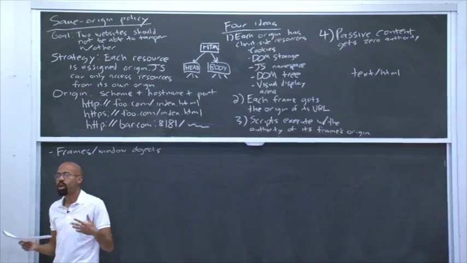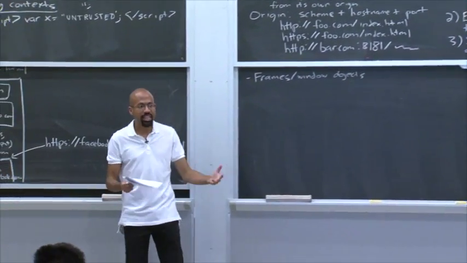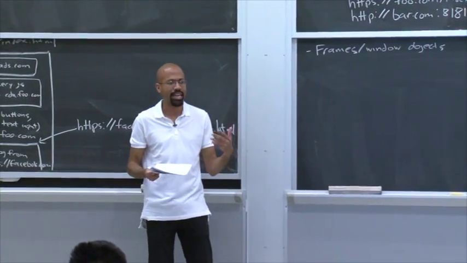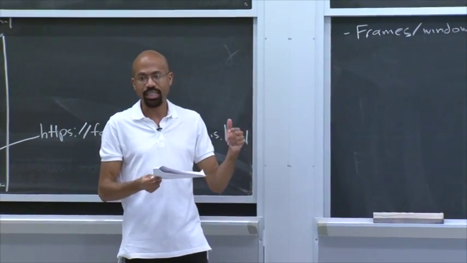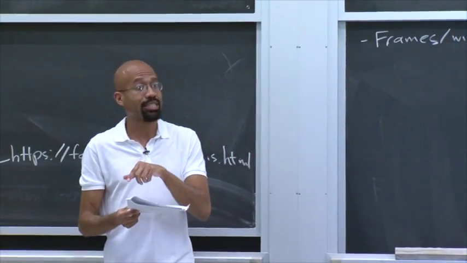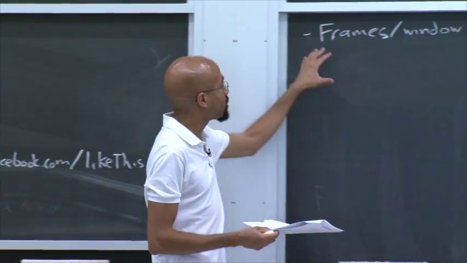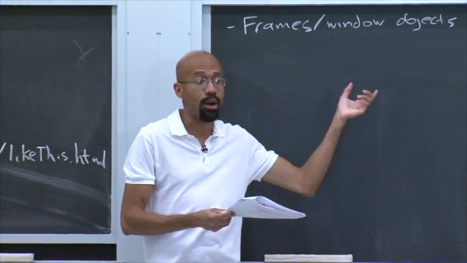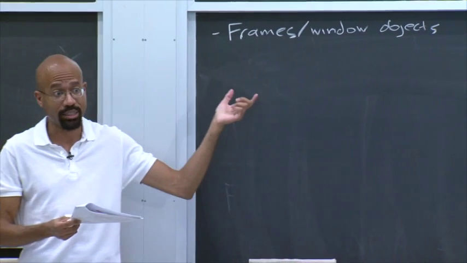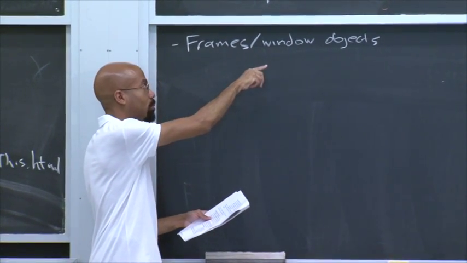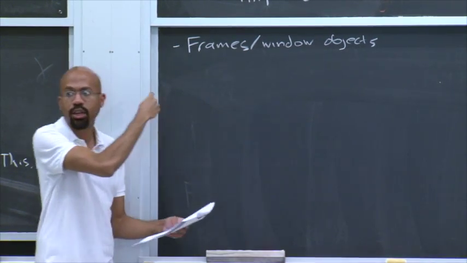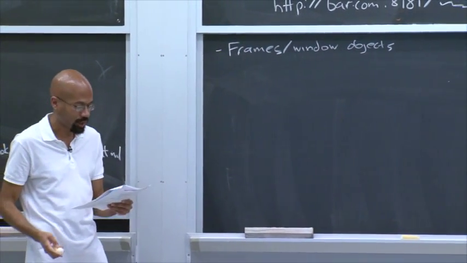In JavaScript, the window object is actually an alias for the global namespace. It's kind of a wacky idea. But if you define a global variable named x, you can also access it via the name window.x. Okay? So basically, frames and window objects are very powerful references for you to be able to access. And they actually contain pointers to each other. Right? The frame contains a pointer to the associated window object and vice versa. So these two things are essentially equivalently powerful.